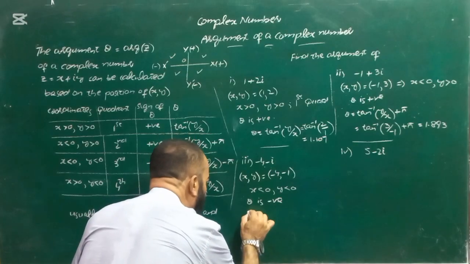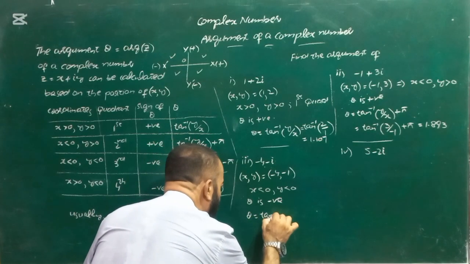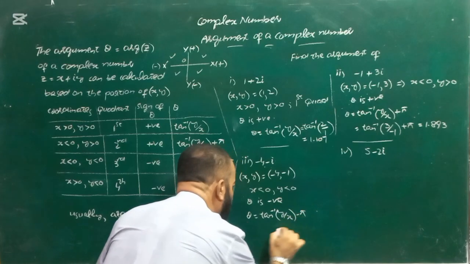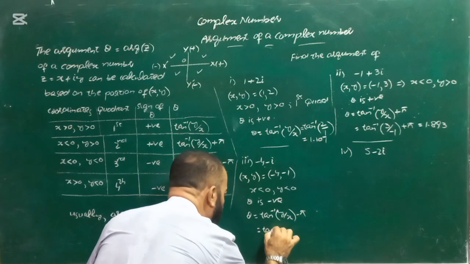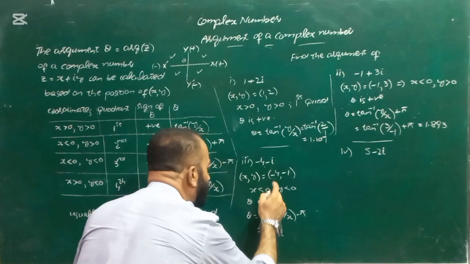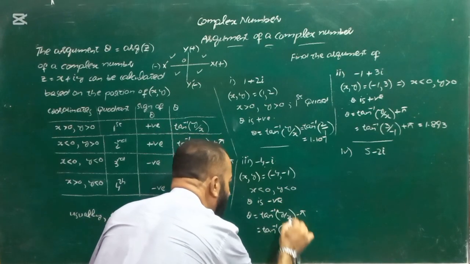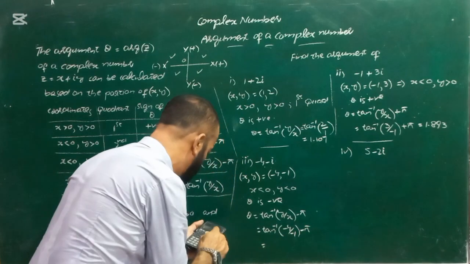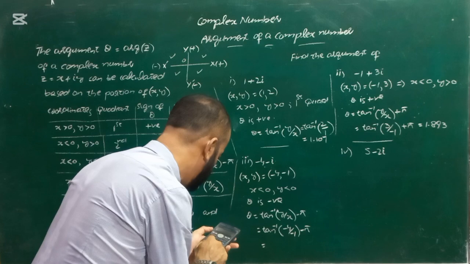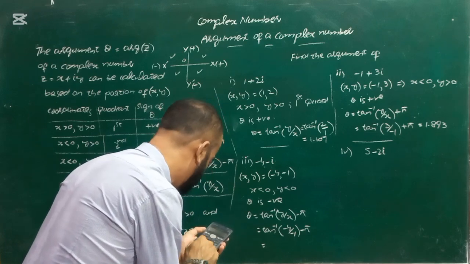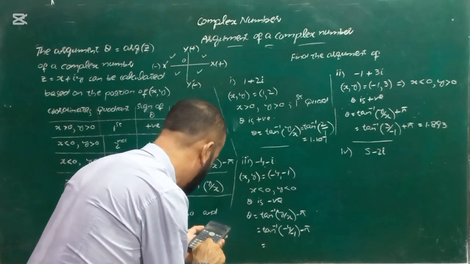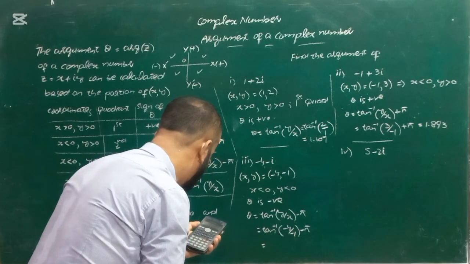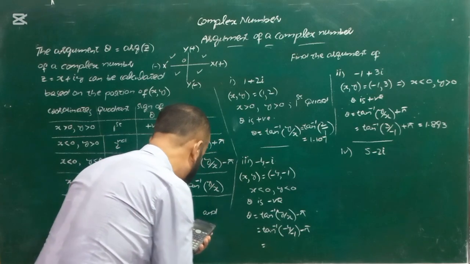So now theta is equal to tan inverse y by x minus pi. Putting values into this one, tan inverse, y is -1, x is -4, minus pi. So solve it on the calculator. Shift tan, bracket start, 1 divided by 4, minus pi. Answer is -1.816.